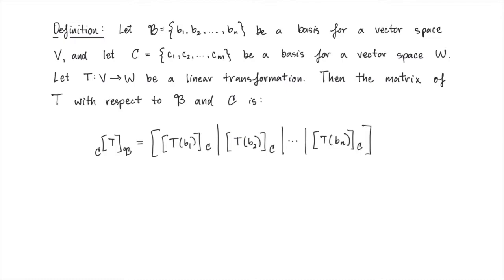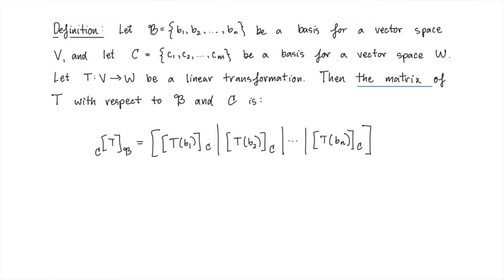Before we start, I want to quickly review the definition of the matrix of a linear transformation. Let V be a vector space, and suppose that we have a basis, B, consisting of elements B1, B2, all the way up to Bn for V. Further, let W be another vector space, and suppose that we have a basis C consisting of elements C1, C2, all the way up to Cm for W. Let T from V to W be any linear transformation.